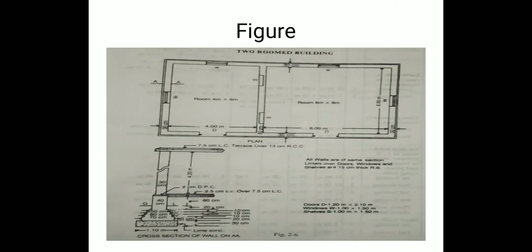So let us see the diagram. From the figure you can find the two roomed building and the cross section of the wall on AA. Here we have specification of the doors, windows, shelves, also the inside dimensions of the rooms and the cross-sectional details of the foundation at the section AA.